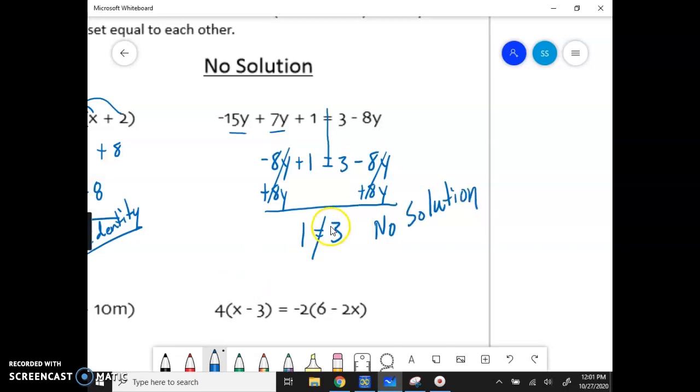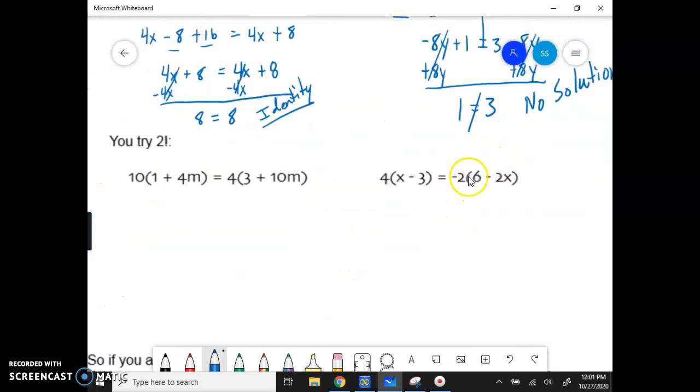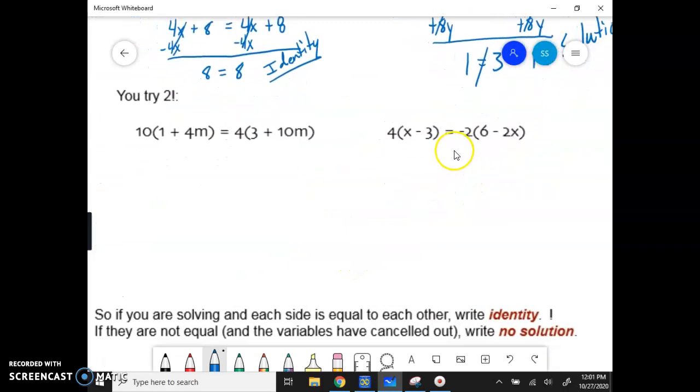Why don't you pause the video and give these two a shot. Okay, I'll go through the answers here, a little bit quicker this time. Go ahead and distribute. 10 times 1 is 10, 10 times 4m is 40m.